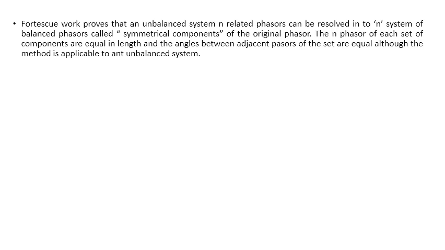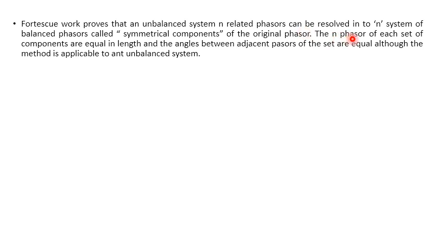Let's understand the explanation made by the scientist Fortescue. According to the Fortescue theorem, an unbalanced system of n related phases can be resolved into n systems of balanced phases. These are called the symmetrical components of the original phases.